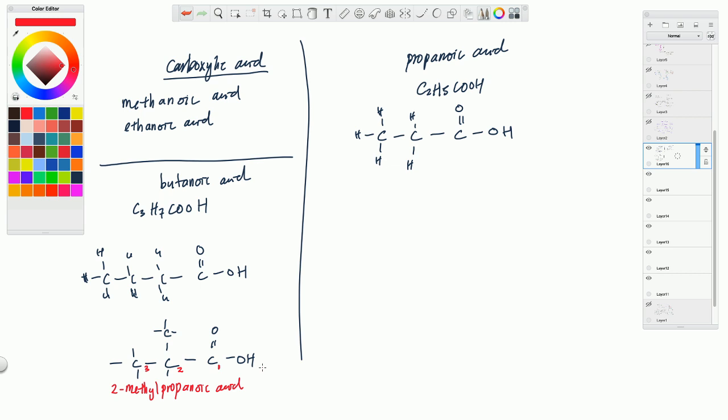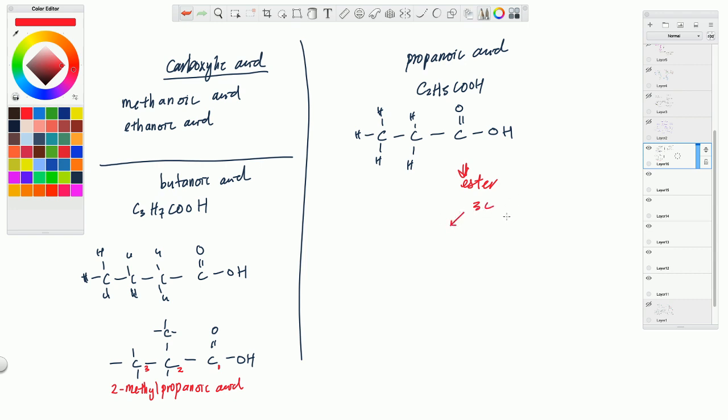All right. Now, however, if it's propanoic acid like this, you put the carbon on top here, you will still get the same thing. It's still propanoic acid. So what you can do is you can change it to an ester. Basically, propanoic acid has 3 carbons, right? An ester is made from an acid and alcohol.